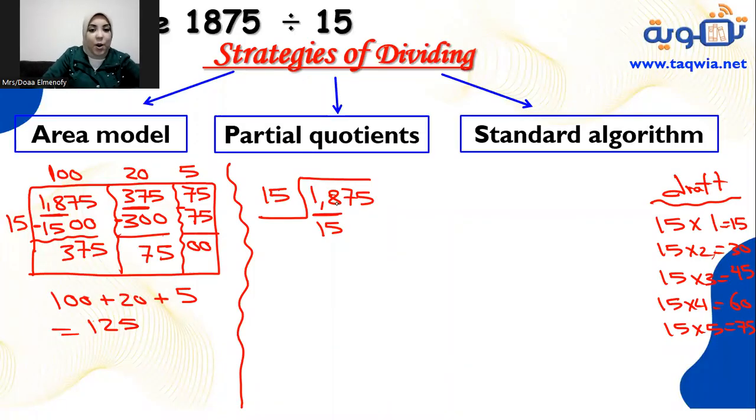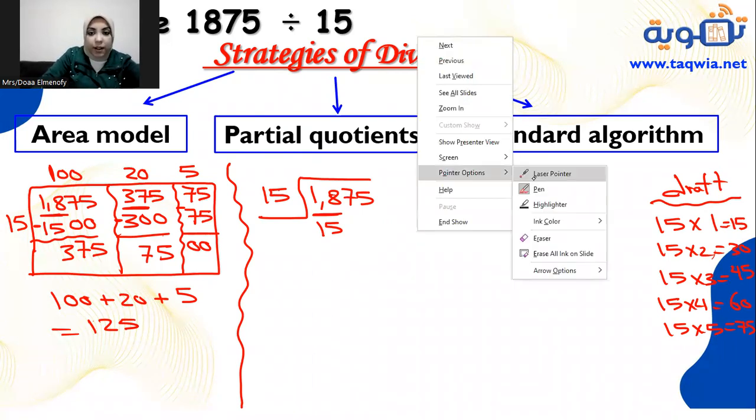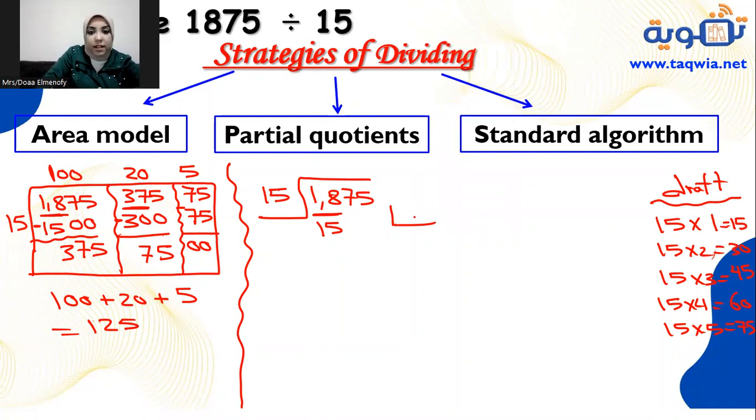Okay, so here, when we have 15, we're gonna write down 15, and here we have to write 1. But the same here, we have two digits left. So what we have to do, we're gonna replace them by zeros, and if we put two zeros here, we have to put two zeros here.